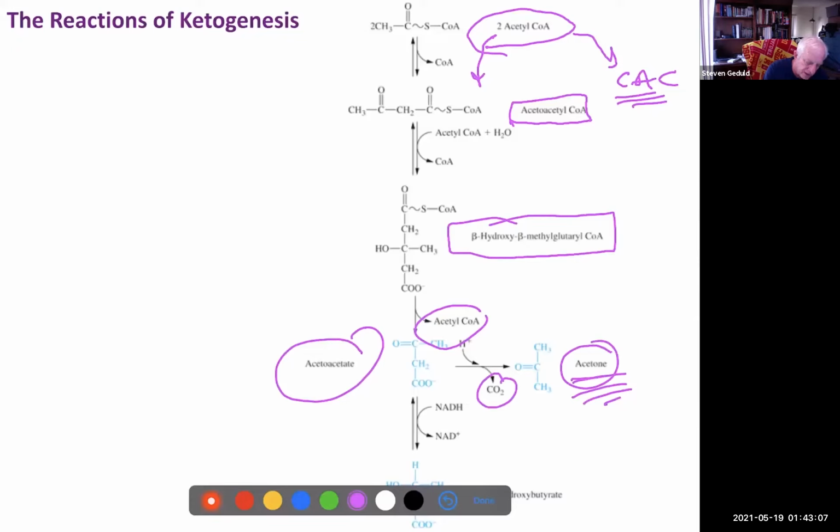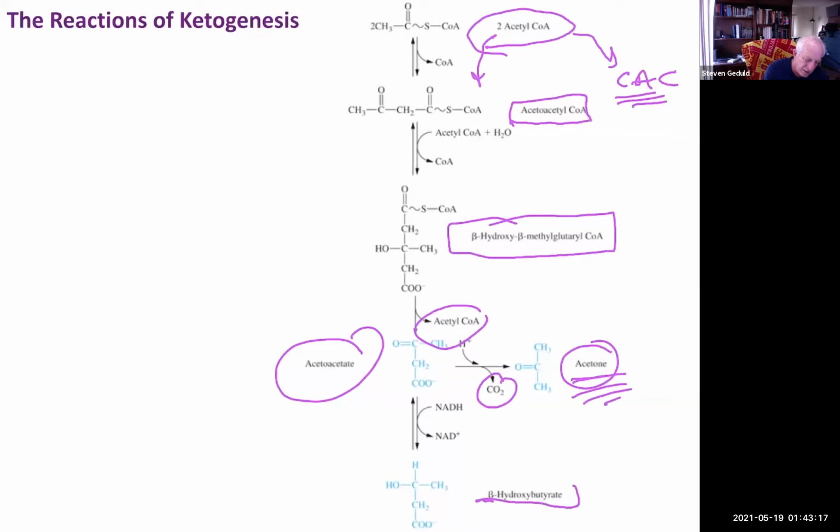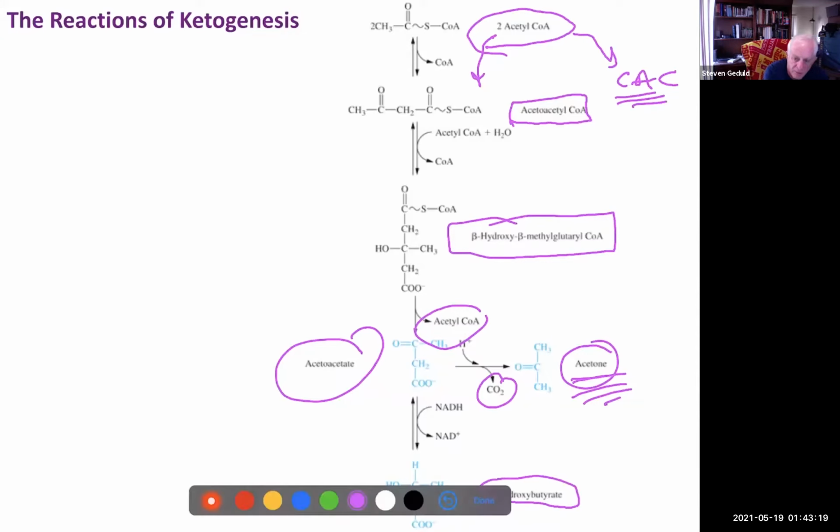The acetoacetate can react with NADH, oxidize it back to NAD plus, and form beta hydroxybutyrate. It's another byproduct of it. That's your ketogenesis right there, the formation of ketone bodies.